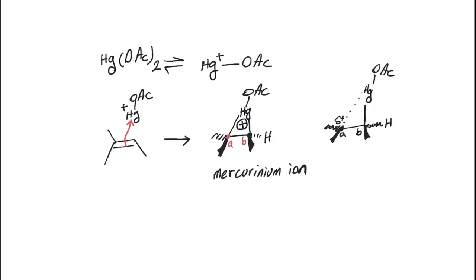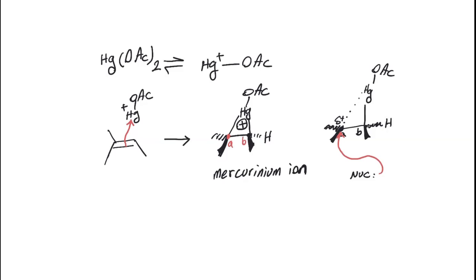So will the nucleophile be attracted to carbon A or to carbon B? A, because it has more partial positive charge. So it will attack here from below. One side of this intermediate is blocked by Hg, right?